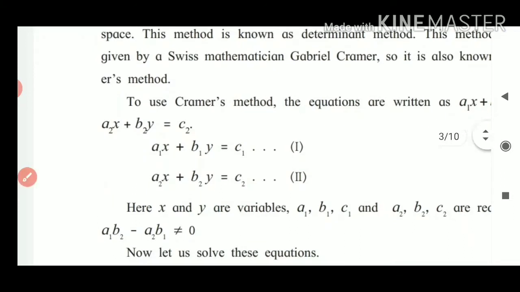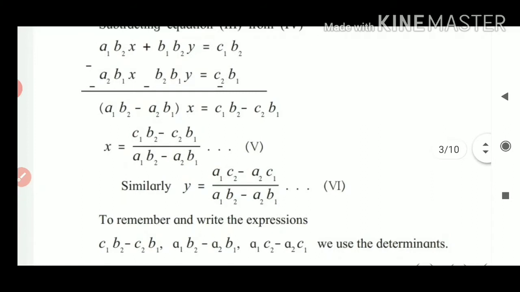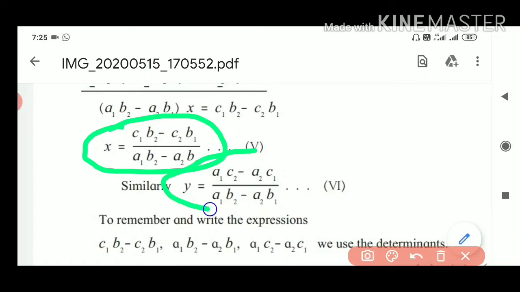See here, the value of x is equal to C1 B2 minus C2 B1 divided by A1 B2 minus A2 B1. Similarly, he found the value of y is equal to A1 C2 minus A2 C1 divided by A1 B2 minus A2 B1.